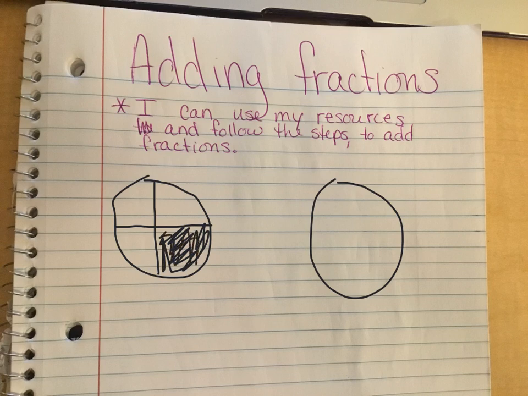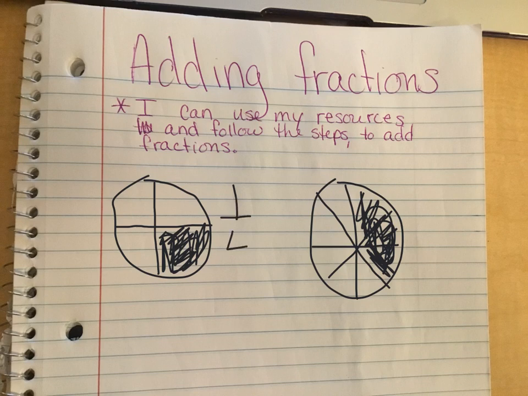They only ate 1/4 of the pizza. The second lunchtime, they ate 3/8. So you're drawing this in your notebook, and we're going to write the fractions. This is 1/4, and out of this pizza, they ate 3/8. So the question is, how much pizza did they eat altogether?